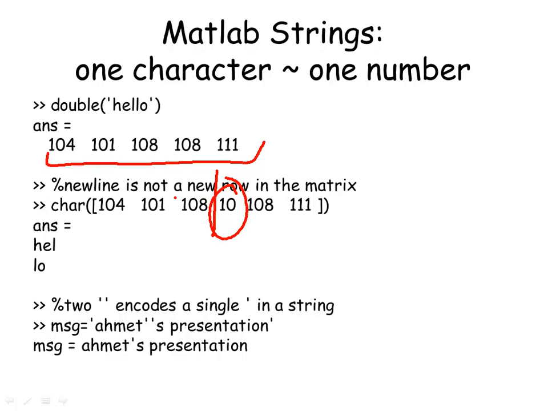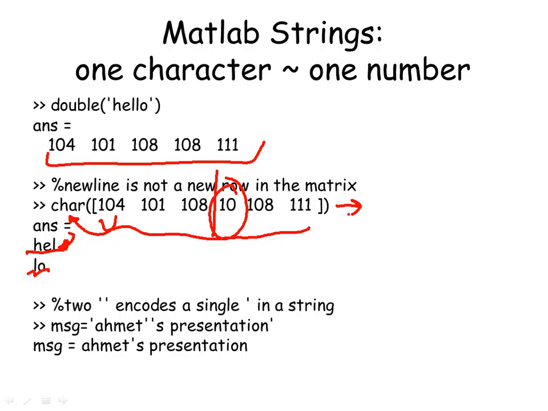The number 10 represents a new line character. And then I'm taking these numbers and converting them to characters. And Matlab will display this string. There's a hidden new line here that you don't really see, which makes the Matlab command window move on to the next line, and then you see LO printed.